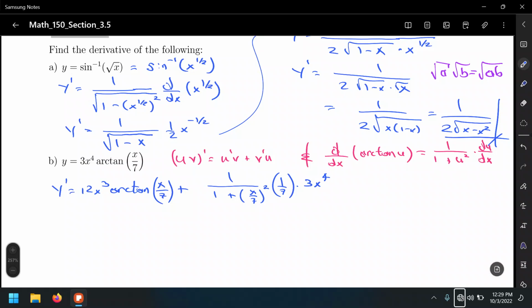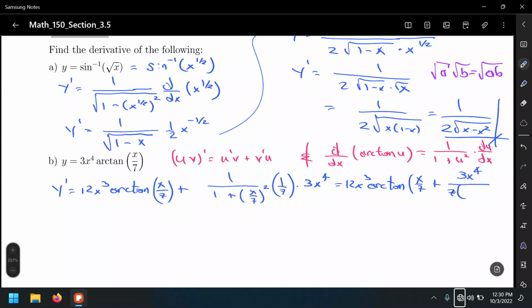Let's simplify, especially the second term. So number 1, I'm going to have this 3x to the 4th power in the numerator, and this 7 in the denominator. I'm just going to multiply across. So this is simply 12x cubed arctangent of x over 7 plus 3x to the 4th power, and that's over 7.